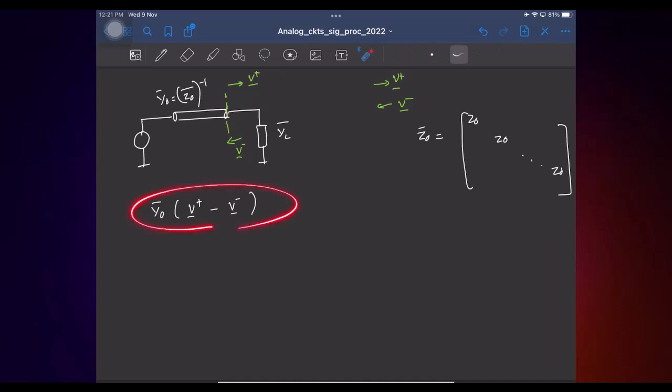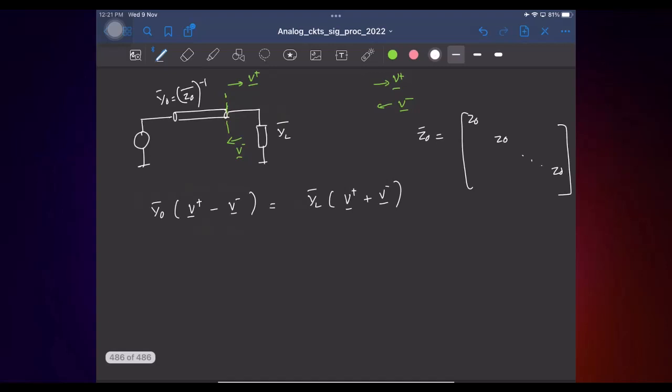So here you will write it in matrix notation like this. And this current is basically the current flowing into the load. So that is YL times the total voltage. Is this. So what is the relation I get for V minus and V plus? So we'll have V minus times Y0 plus YL to be YL minus Y0 times V plus.